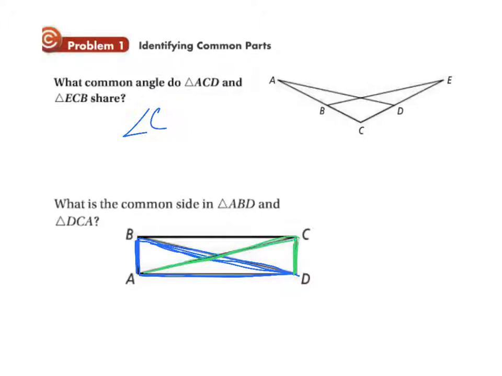And if you really draw them, and maybe different colors should help a little bit, you can see what's the common side. Well, which one did I color blue and green? Well, it's that side AD. That's the side they share, and so if I was doing a proof, I could say AD is congruent to AD by reflexive, and that'd be an extra congruence.